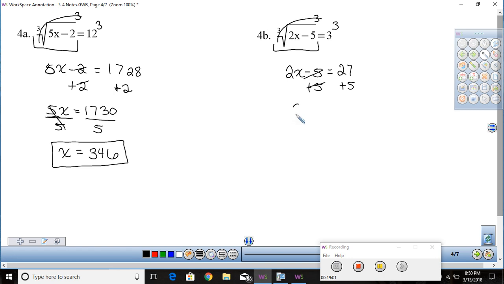So I have 2x is equal to 27 plus 5, which is 32. Then I'm going to divide by 2. 2's cancel, so x is equal to 32 divided by 2, which is 16. And I would check to make sure that that's a valid answer, and then I'd move on in life.